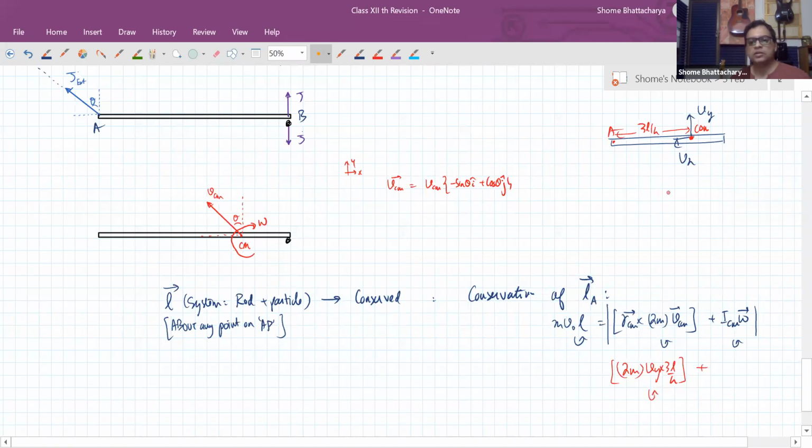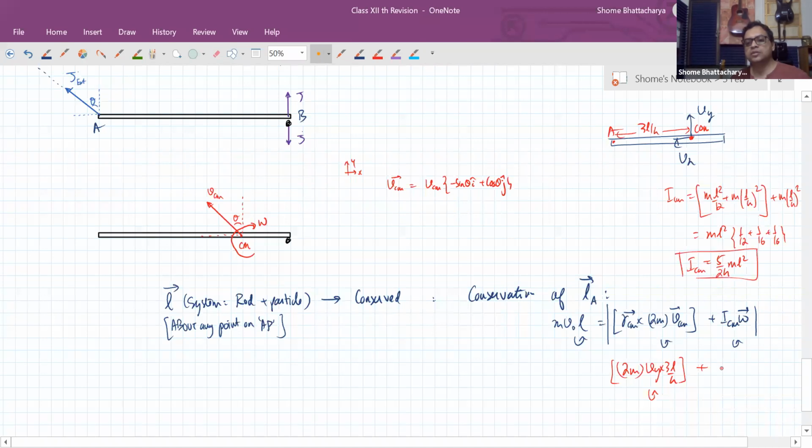Now I_CM will be the moment of inertia of the rod, that is mL square by 12, plus m into L by 4 whole square, plus the moment of inertia of the particle, which is this. So mL square times 1 by 12 plus 1 by 16 plus 1 by 16. When you calculate, this will come out to be 5 by 24, I believe. Just check my calculation once.